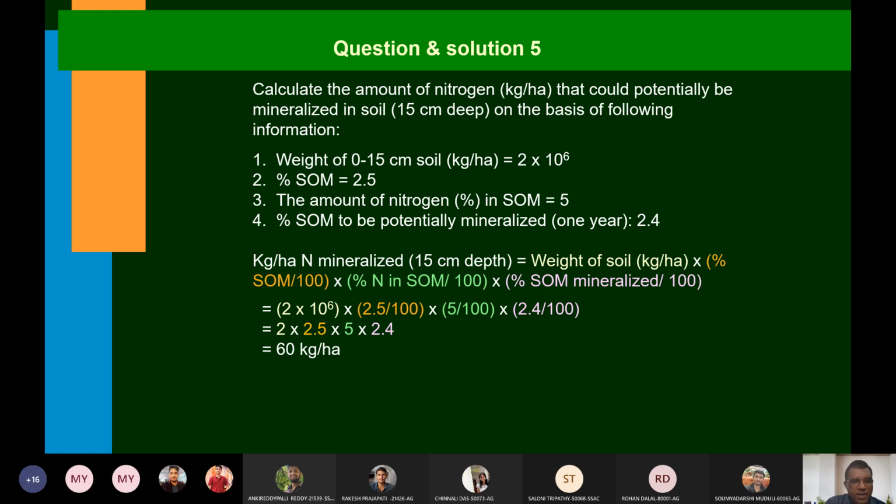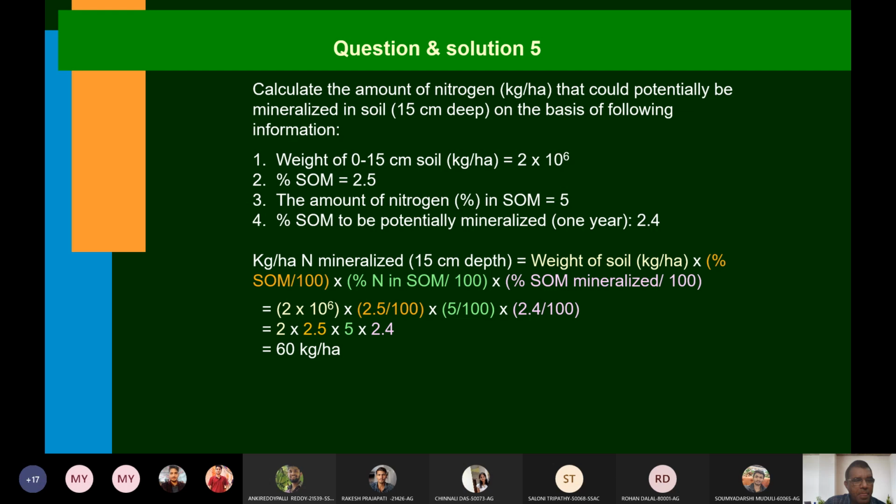Organic matter is 5 percent nitrogen. Answer: nitrogen mineralized in 50 centimeter depth is weight of soil into soil organic matter percentage, percentage nitrogen in soil organic matter and percentage soil organic matter mineralized.